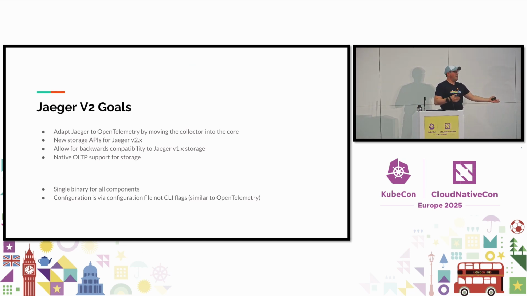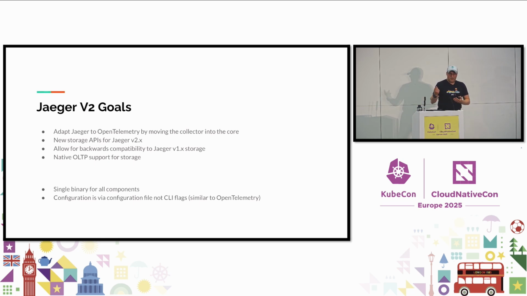So if you're using Jaeger version 1 and you install Jaeger version 2, the data repository, the data format, everything will work the same. But it also gives us native support for OpenTelemetry protocol as well.